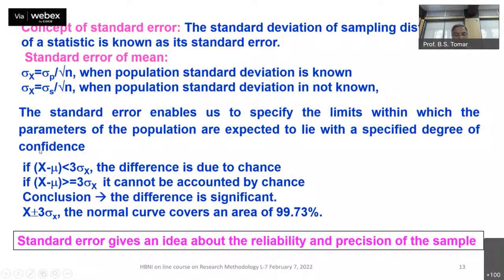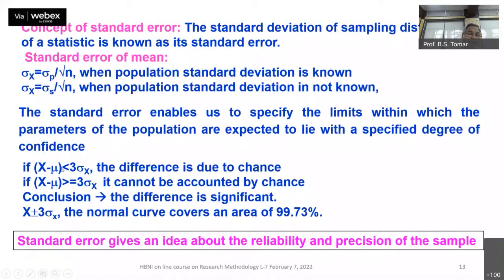So I discussed in the Gaussian distribution the degree of confidence depending upon the z value. So here you see, x is the mean and mu is the true value for the population. X is for the sample, mu is for the population. So x minus mu, you can say, is the accuracy of the measurement.